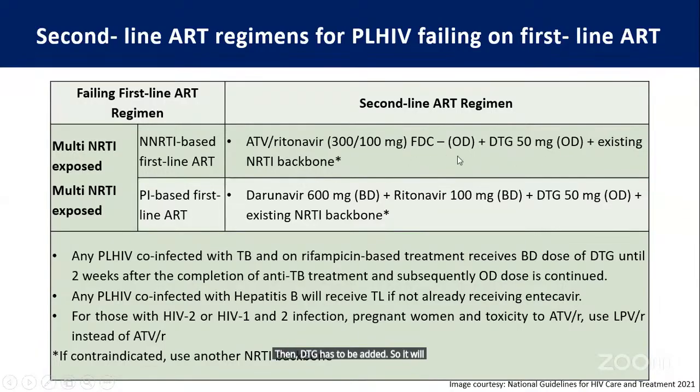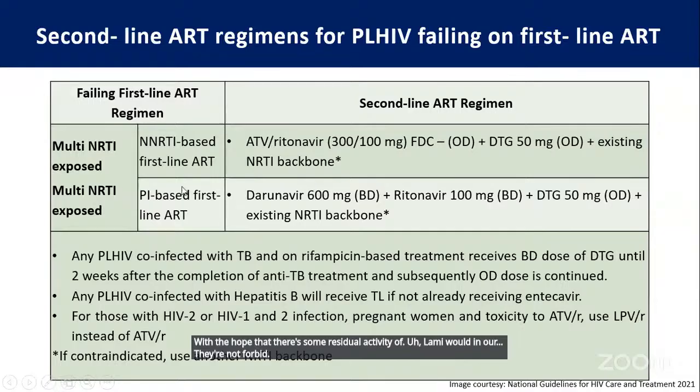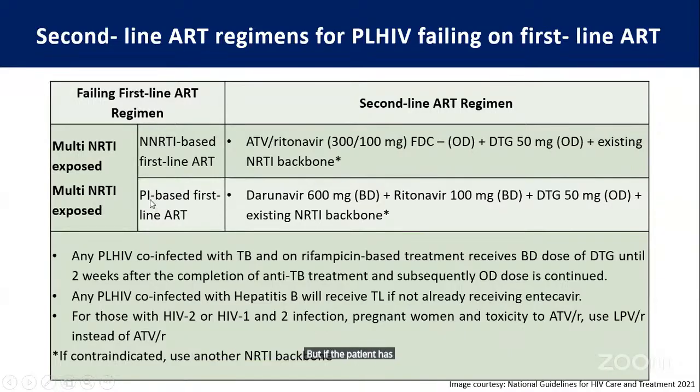So it will be two new classes of drug, a boosted PI with an INSTI and definitely an existing NRTI backbone, with the hope that there is some residual activity of lamivudine or tenofovir.